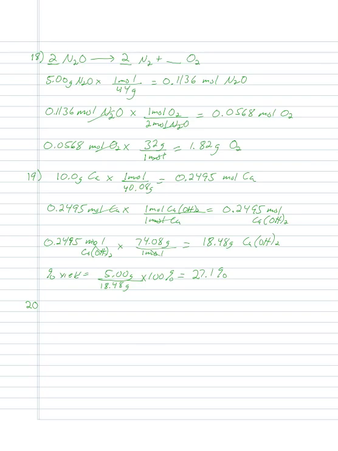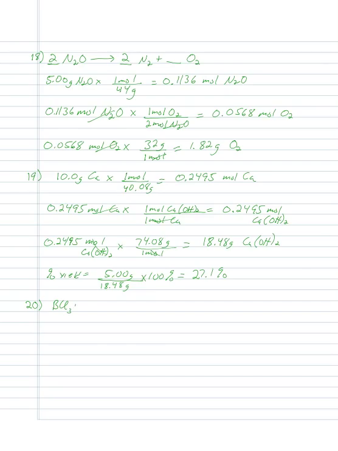Okay, and calcium hydroxide is 74.08 grams per 1 mole. So my moles there cancel, and we get 18.48 grams. So that's the amount of calcium hydroxide we expected to get out.